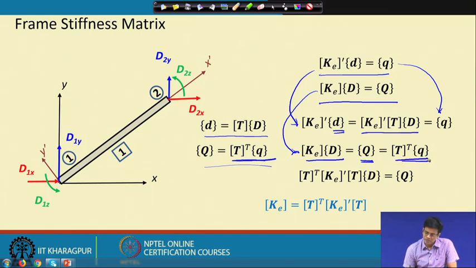Now, if I equate Q from both the equations, T transpose inverse appears.